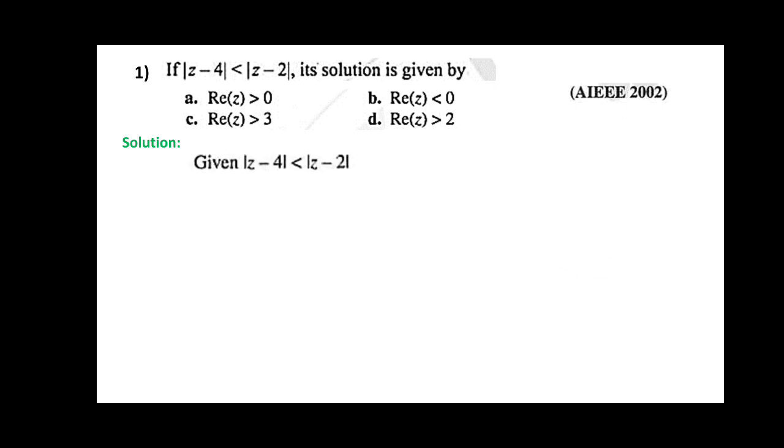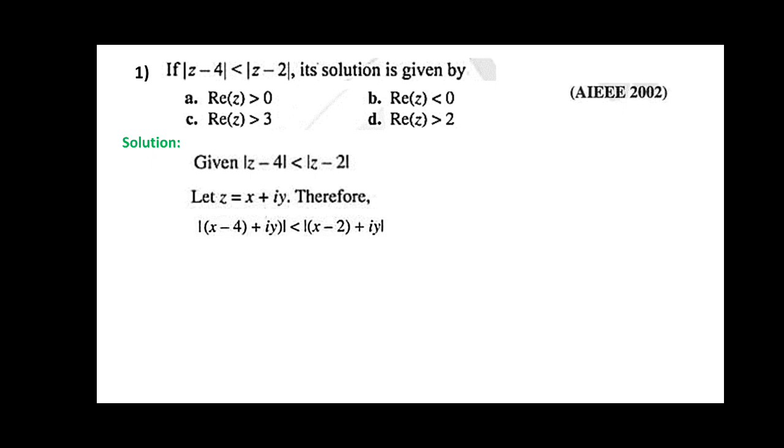Let us consider the given statement, modulus of z minus 4 is less than modulus of z minus 2. Let z equal to x plus iy be the complex number. Therefore, we can replace the value of z in the given inequality.